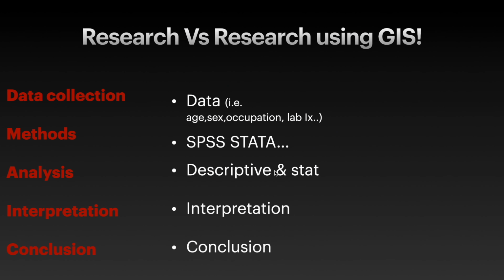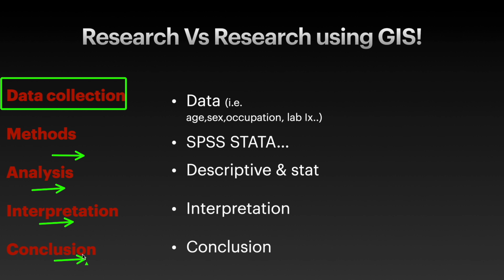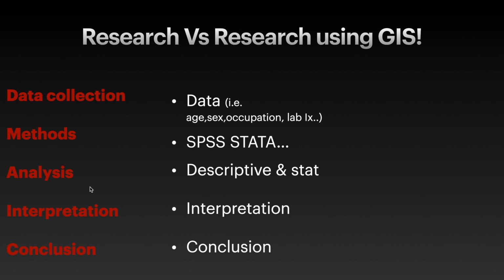Okay, so what is the difference between conventional research and research that is using GIS? We have data collection, then methods, analysis, interpretation, and conclusion. Everything we have in conventional research. In data collection, we are collecting data in the form of age, sex, occupation, laboratory investigation.